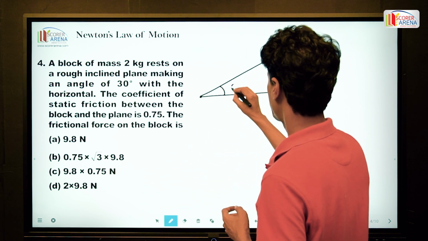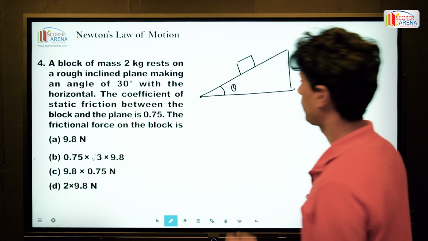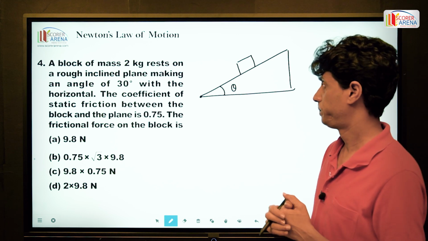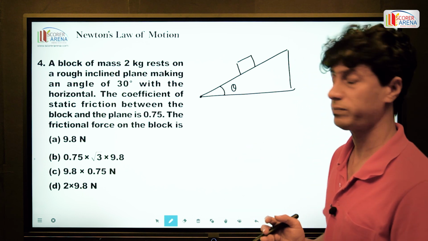The inclination is, let us say, theta, and the body is placed over it. For any problem based on the inclined plane, you just check the angle of friction.